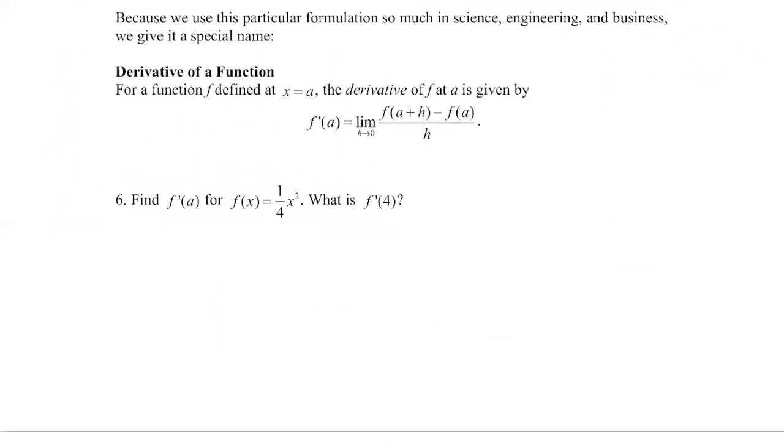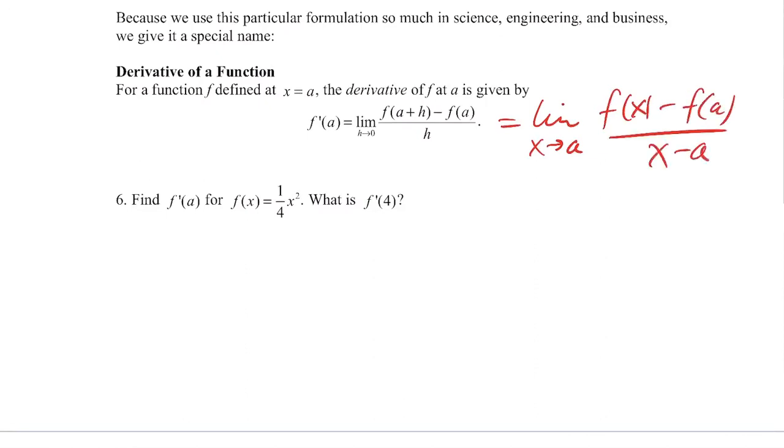So for a function f defined at x equal to a, the derivative of f is given by f prime of a equal to the limit as h goes to 0 of f of a plus h minus f of a all over h. And remember, this will be the same value as the limit as x approaches a of f of x minus f of a over x minus a.